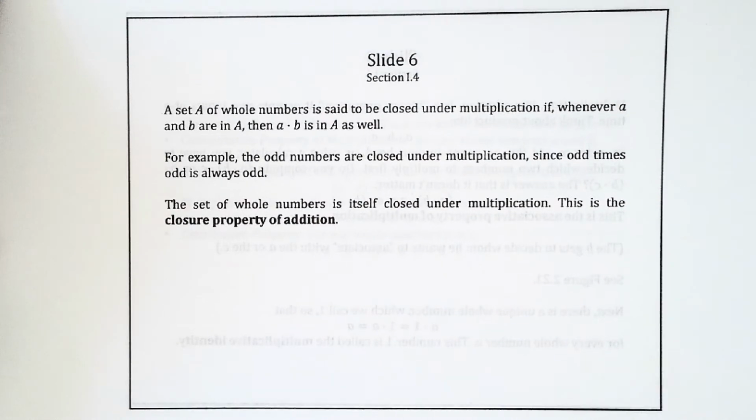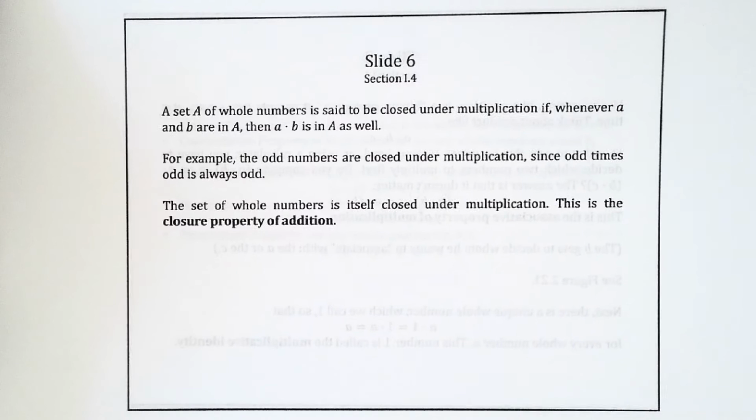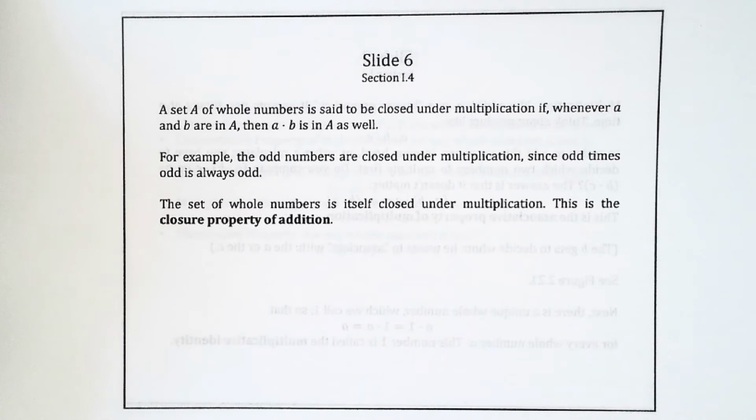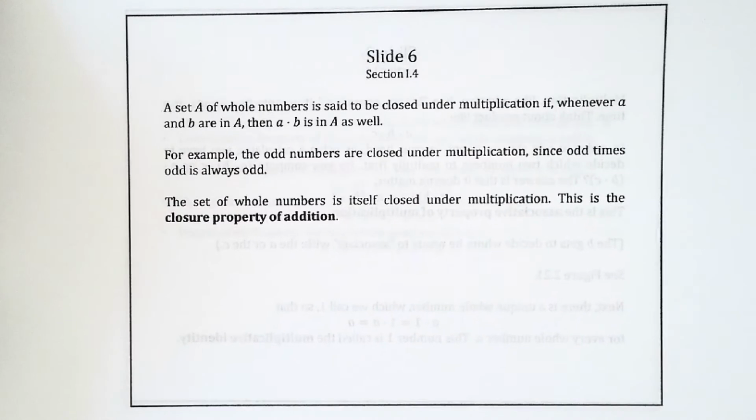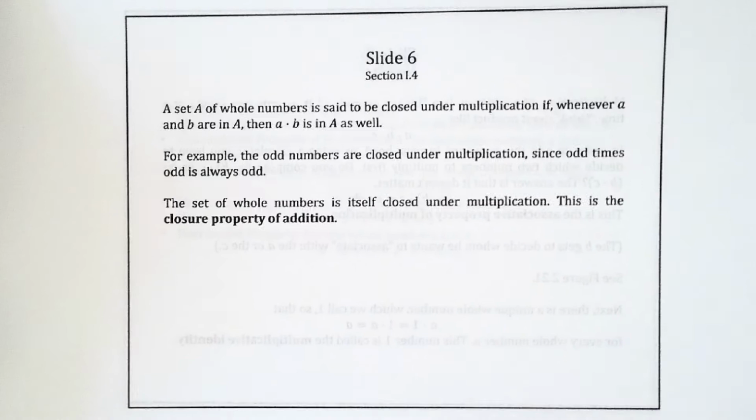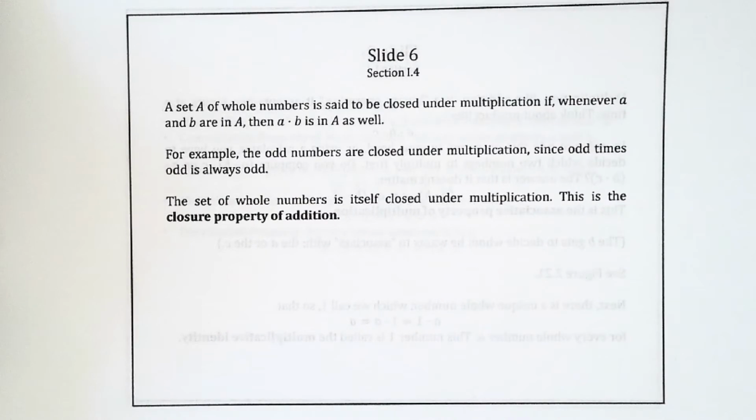Okay, now the set of whole numbers is itself closed under multiplication. A whole number times a whole number is always a whole number. Okay, you know that from grade school. Every whole number multiplication problem has an answer. But when you first learned division, you might remember that not every division problem had an answer, not in the way that you first viewed it in school.